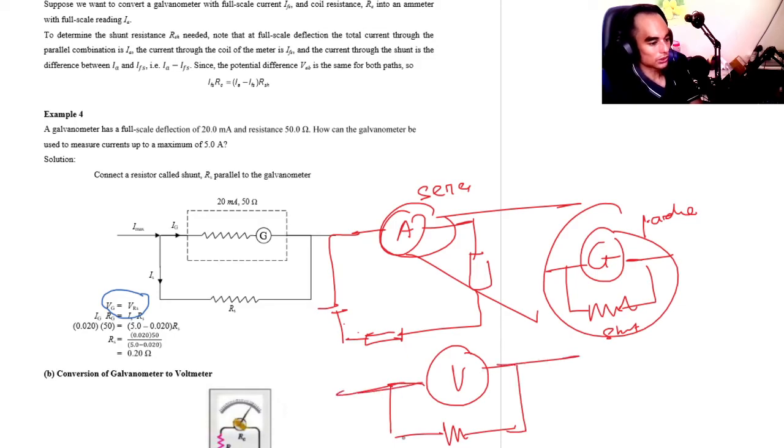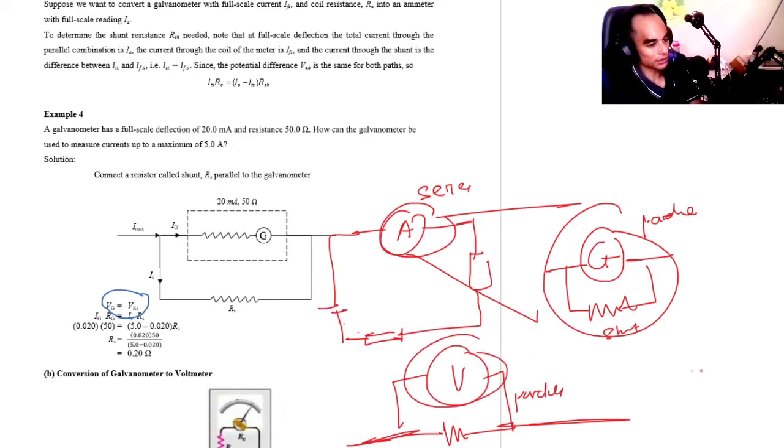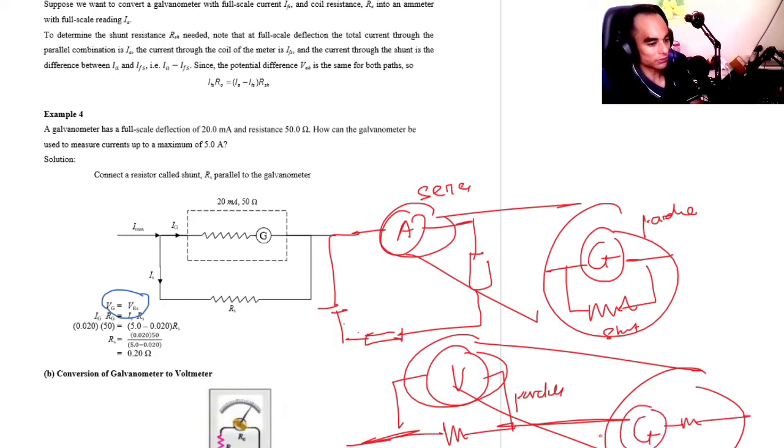Okay, it's connected in parallel, but inside the voltmeter is actually a galvanometer that is connected in series with the multiplier. So this is in series.